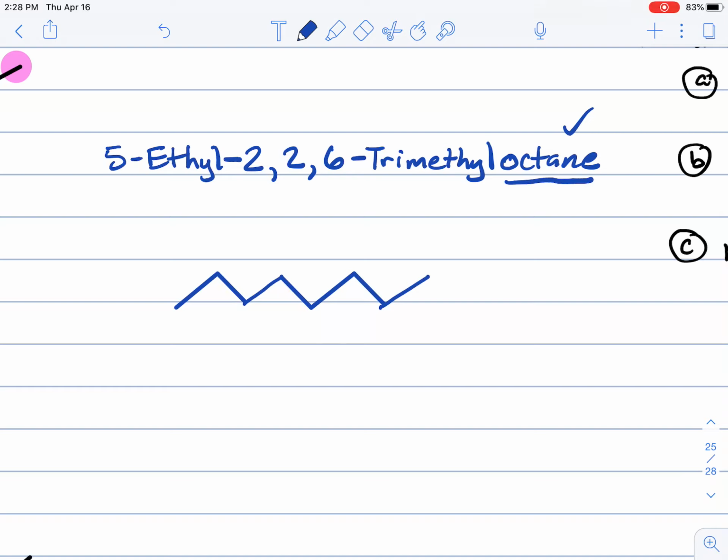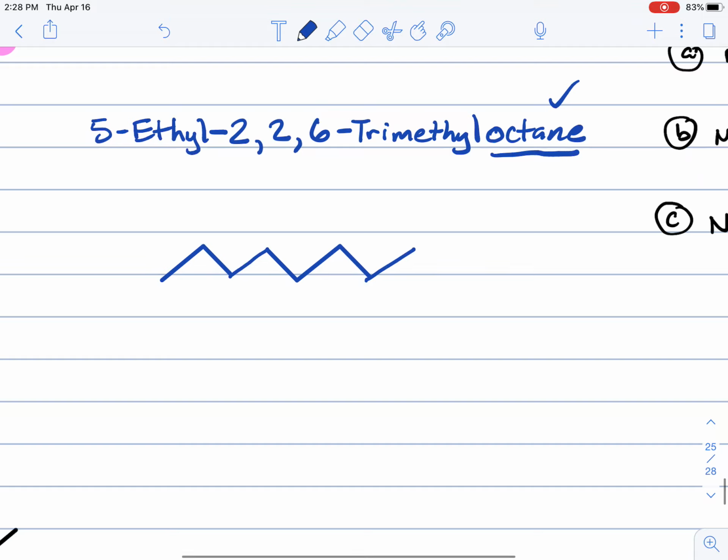Now, when you're drawing your own structure from the name, you can order the numbering of the carbons from left to right or right to left. It doesn't matter. The reason why is because you're creating your own carbon number system from the name itself.